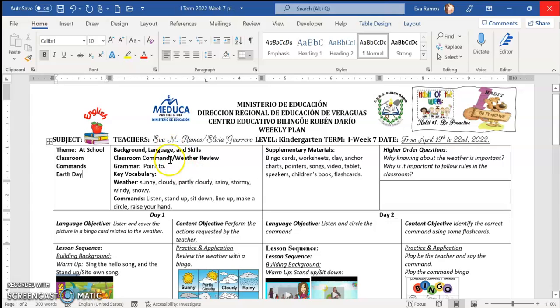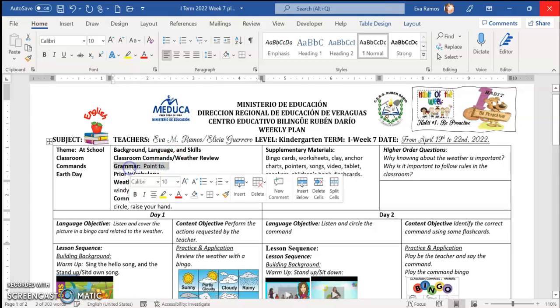So of course, when you are organizing the topics, here you have the theme and probably many things at once, right? But here I have the prior vocabulary that we have seen during this previous week.